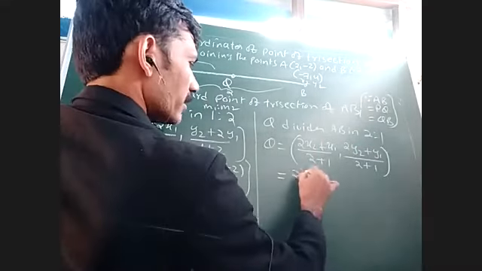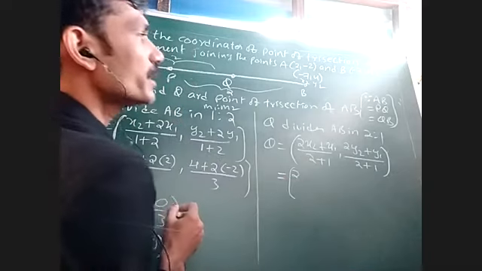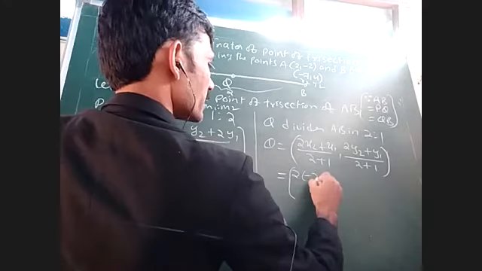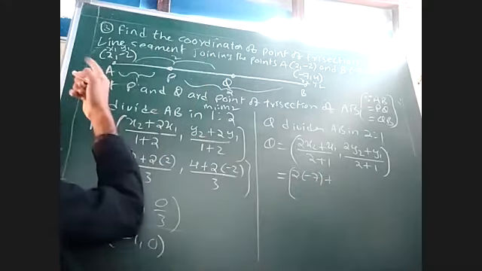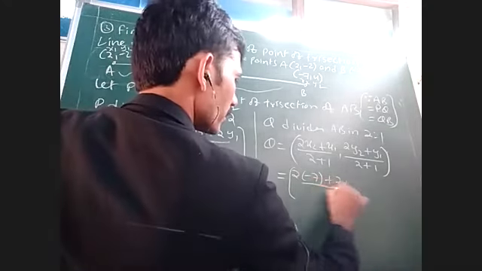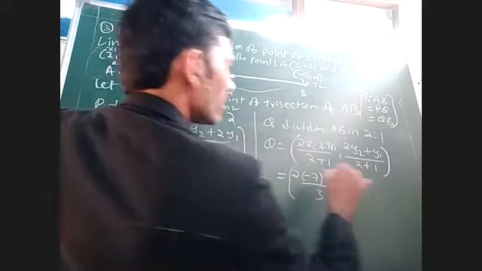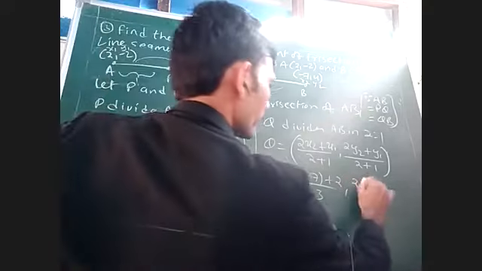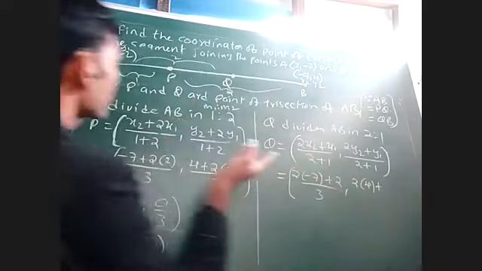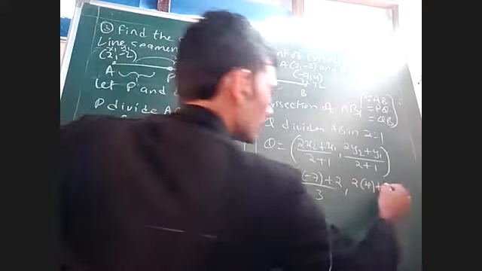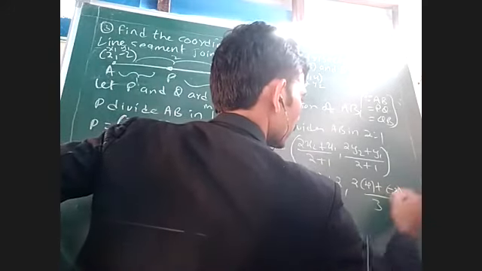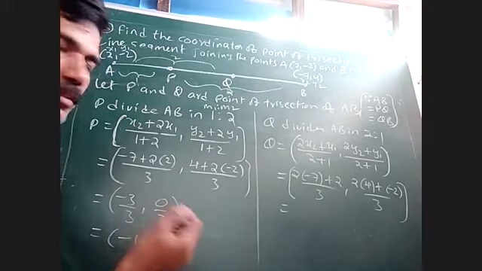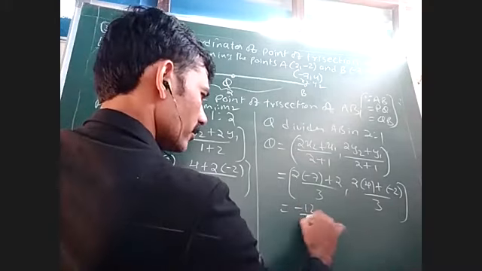We have seen x2 means the abscissa value of B, that is minus 7, and the abscissa value of A is 2, whole divided by 3. Now the ordinate of B is 4, and the ordinate of A is minus 2, whole divided by 3. So here minus 14 plus 2, that is minus 12 by 3.